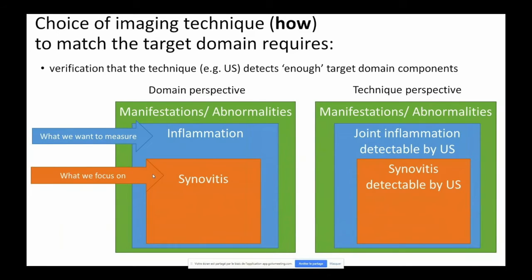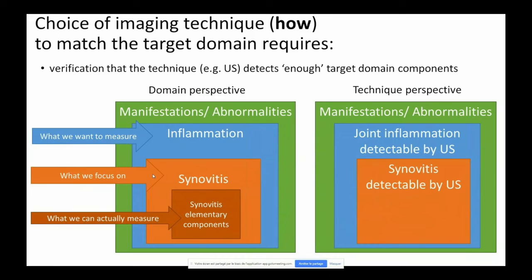And then we want to define the synovitis that is detectable by ultrasound or by, for example, MRI, if you want to use MRI. And then what we can actually measure, the synovitis elementary components, and then if we go to the technique perspective, the ultrasound detected elementary components of synovitis.